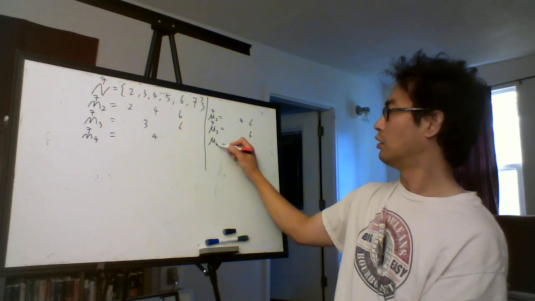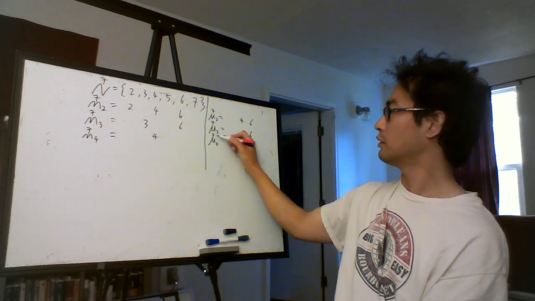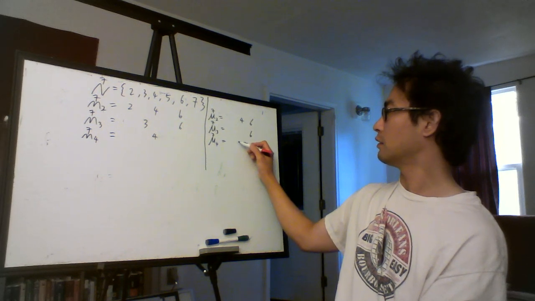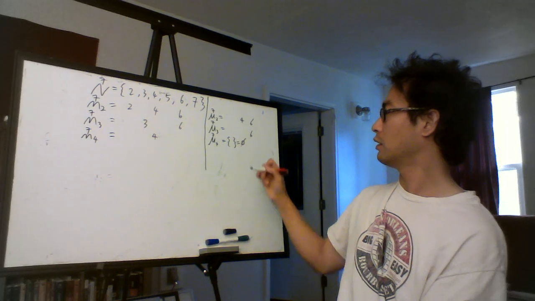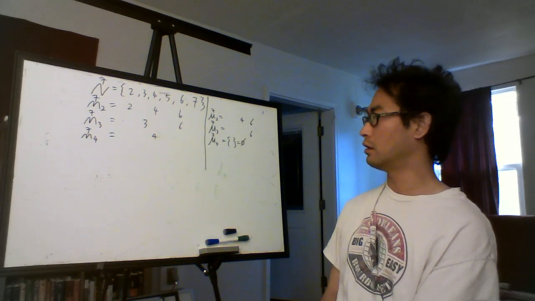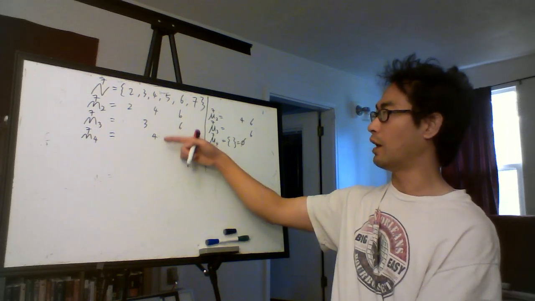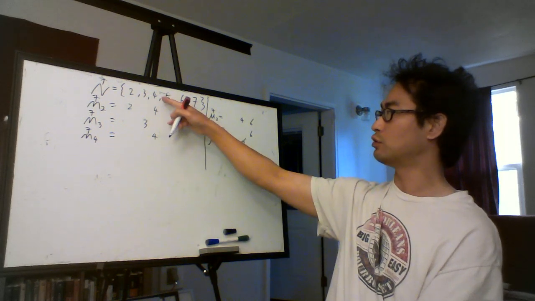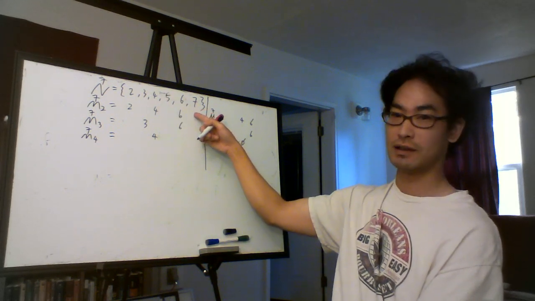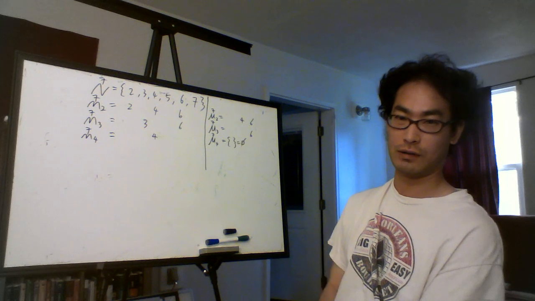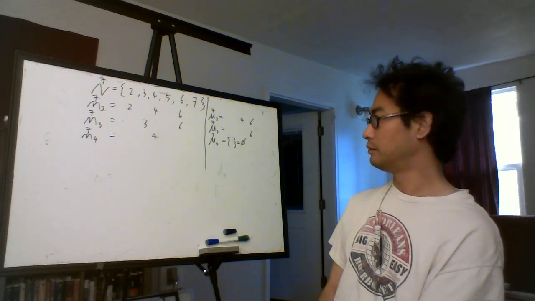Mu 4 top 7 is equal to the empty set. That's why we don't need 4 and more, because 4 times 2 is 8. That's over 7, so it doesn't belong in this set.